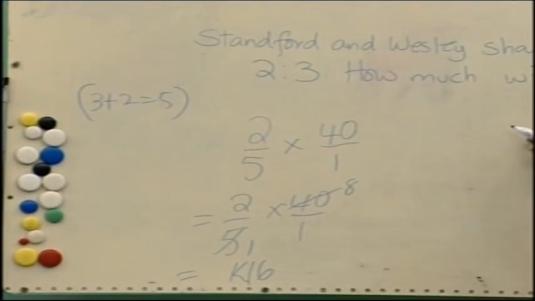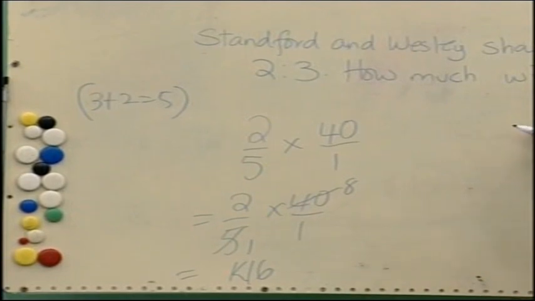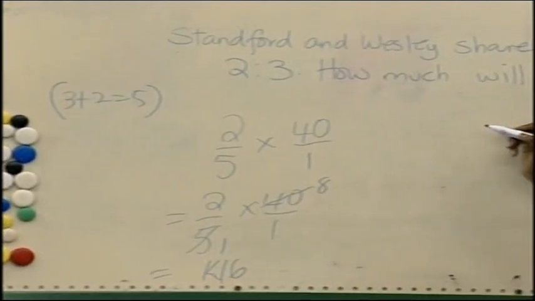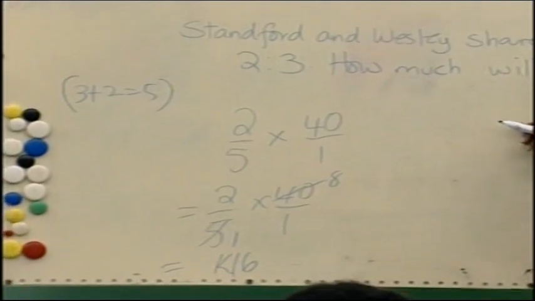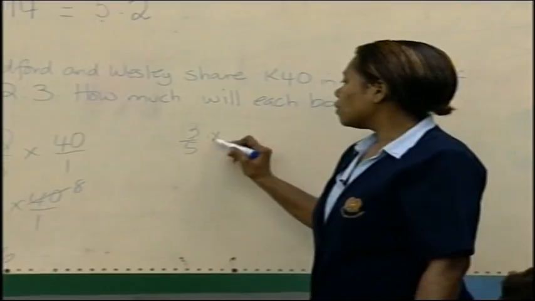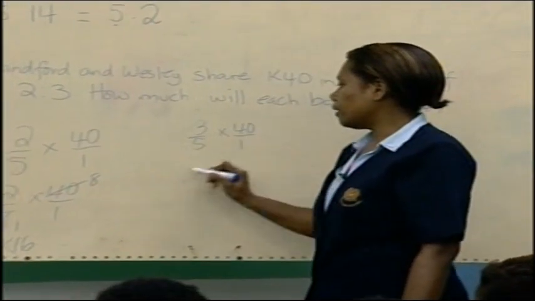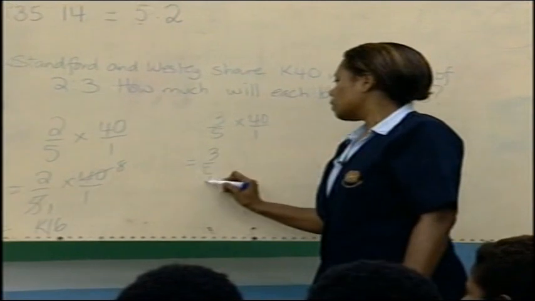Quickly, let's have someone tell us how to calculate it. Okay, Evelyn. 3/5, 3 over 5, good, times 40/1, 40 over 1, good.